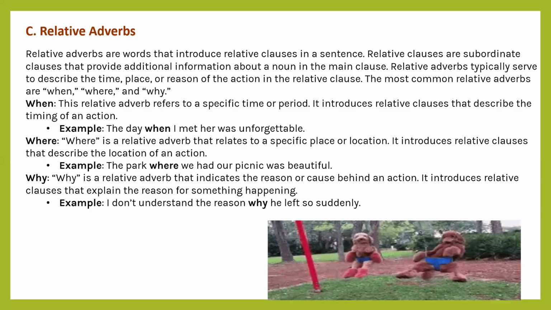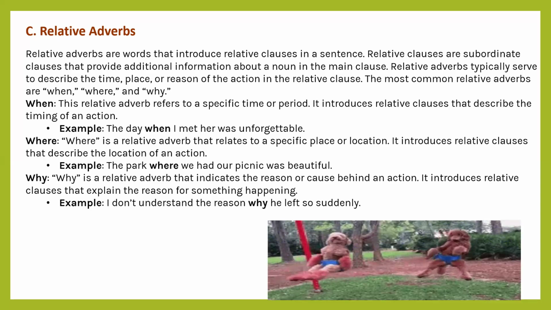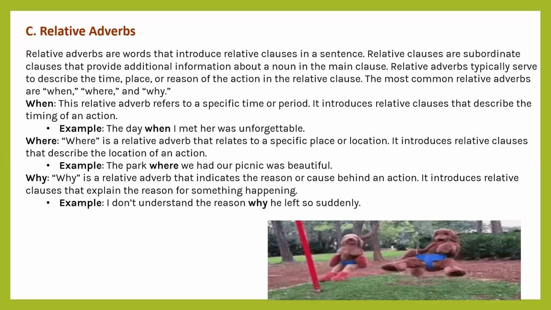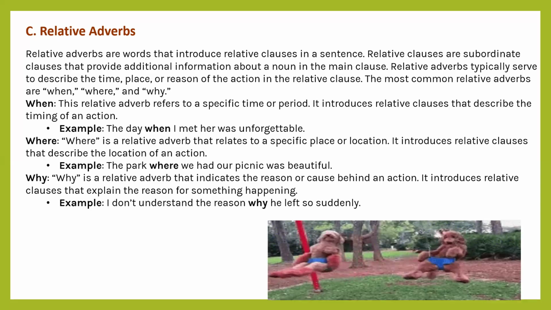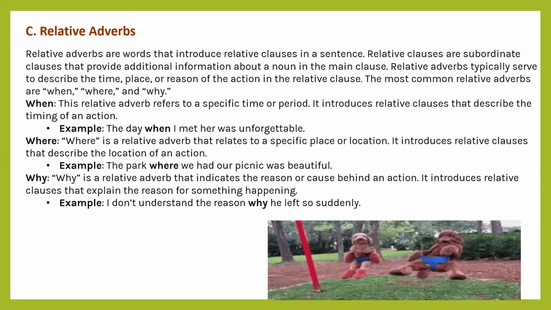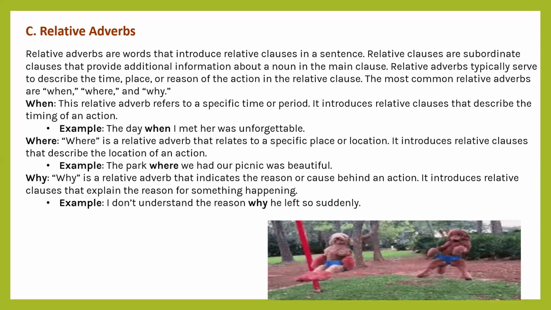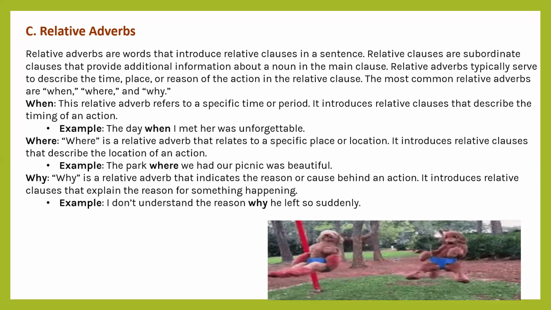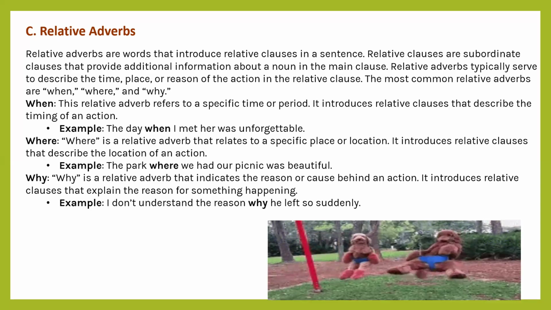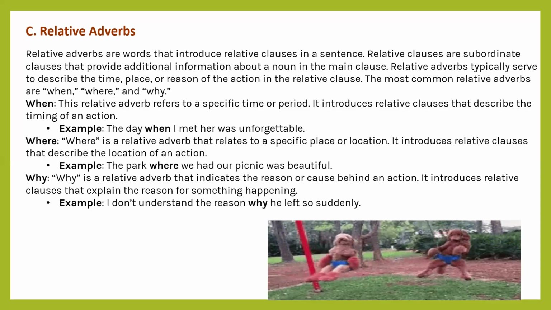So these are the relative adverbs which introduce relative clauses in a sentence. The day when I met her was unforgettable. When I met her is a relative clause. The park where we had our picnic was beautiful. Where we had our picnic is a relative clause.